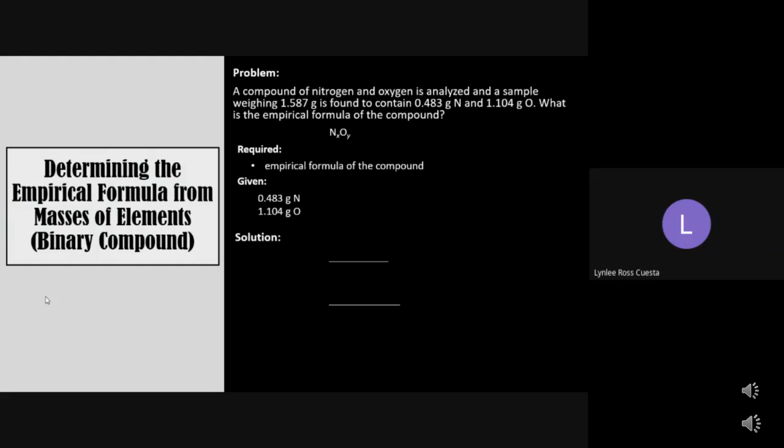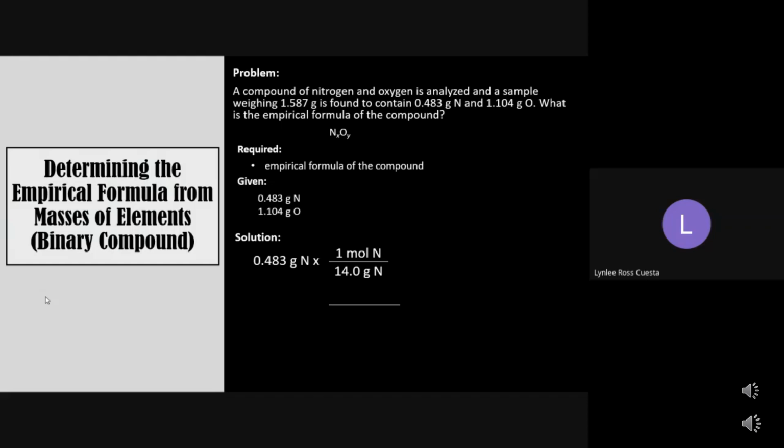We are going to first determine the mole of nitrogen. We first write the mass of the nitrogen, 0.483 grams of nitrogen, and then we simply multiply it by its conversion factor. We know that 1 mole of nitrogen is equal to 14.0 grams of nitrogen.